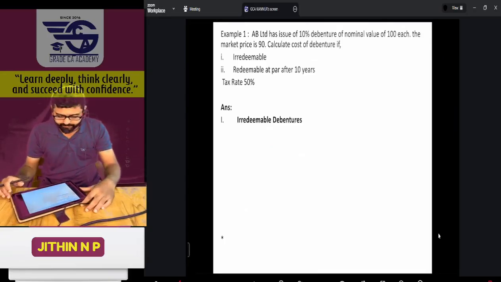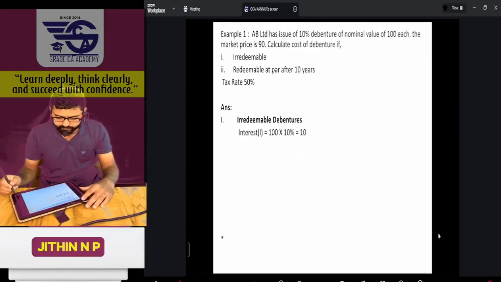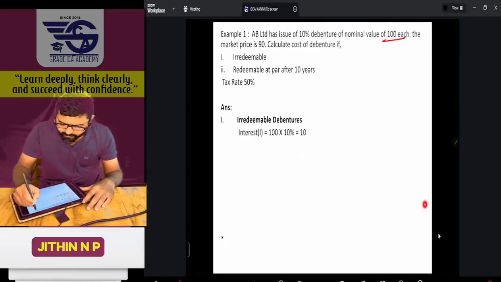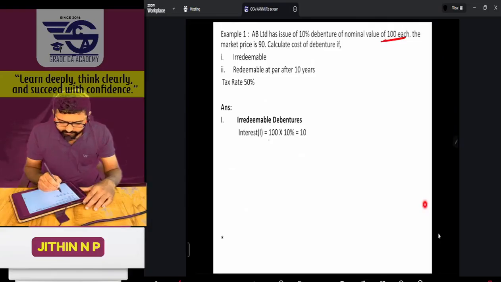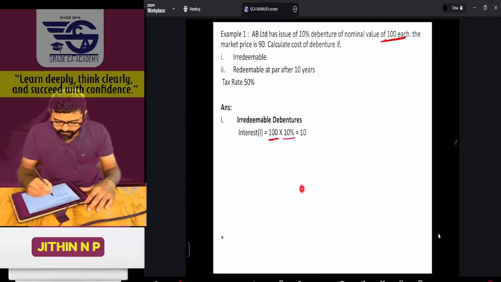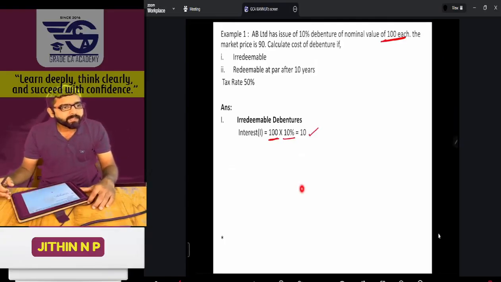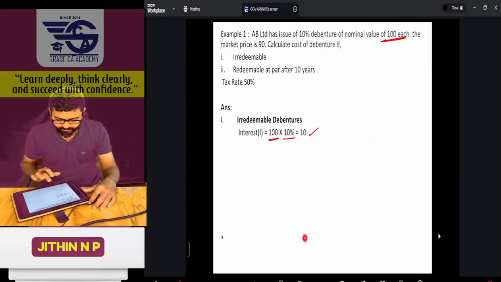Irredeemable debenture. Interest: 100 is the face value or nominal value. The interest will be paid to the debenture holders on nominal value or face value. 100 into 10%, 10 rupees is the interest. Tax rate 50%.